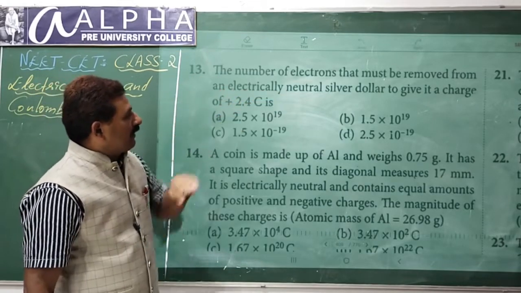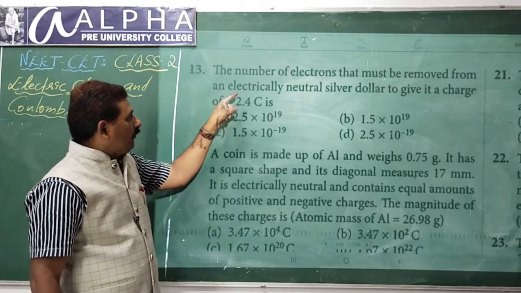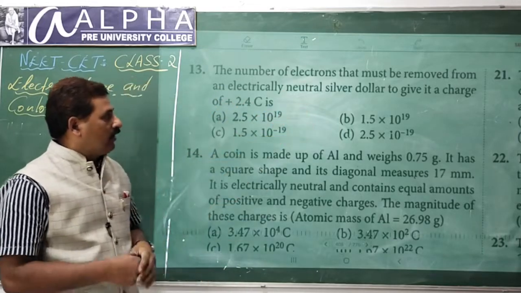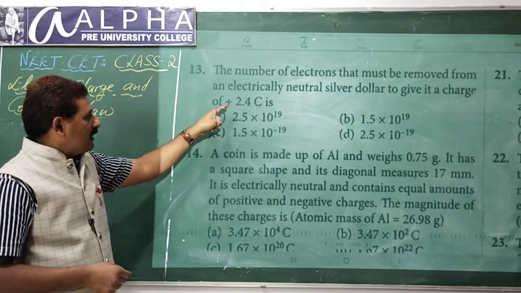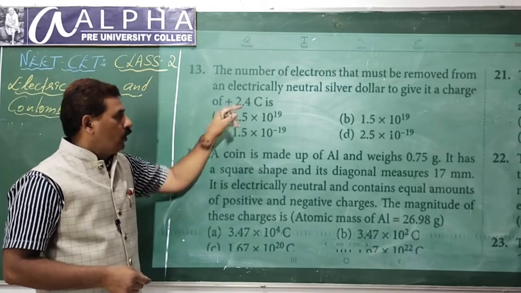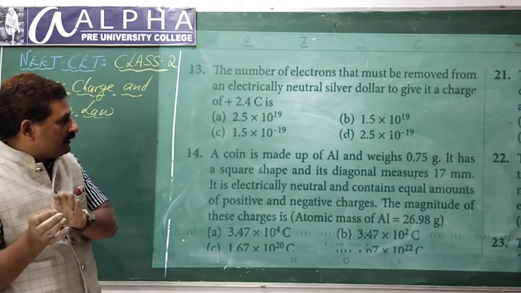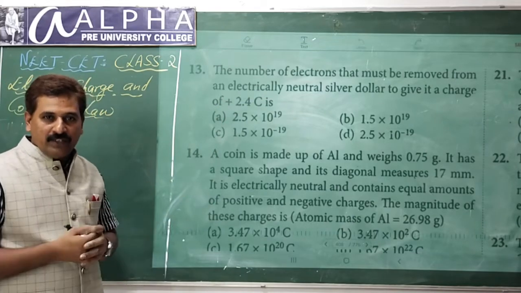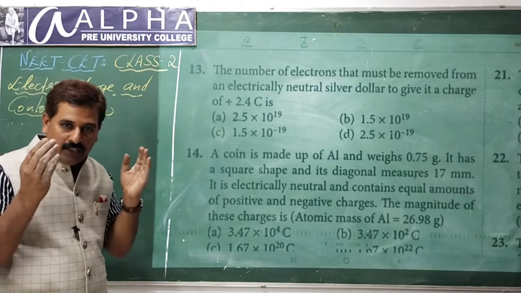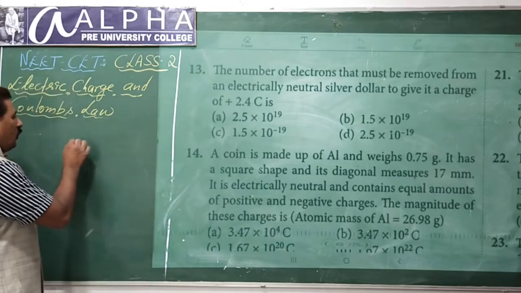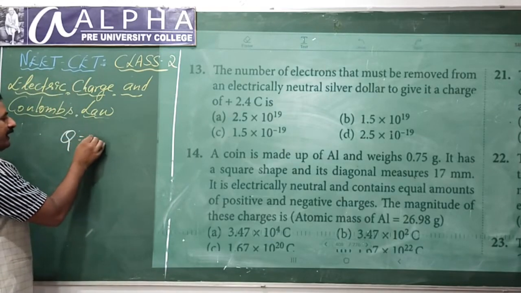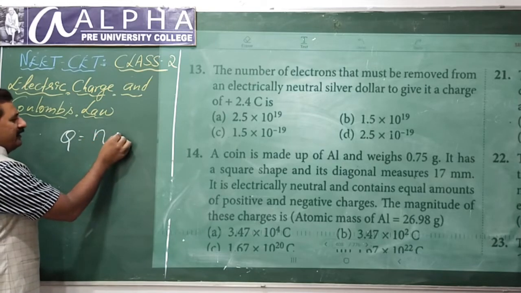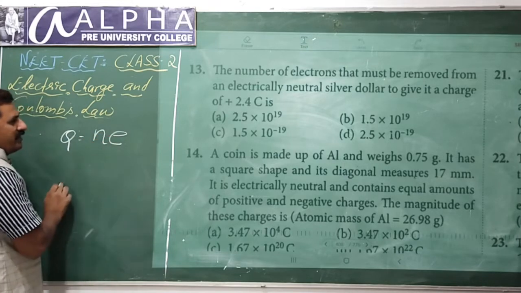The number of electrons that must be removed from an electrically neutral silver dollar to give it a charge of plus 2.4 coulomb. When you remove electrons, the body gets positive charge. That's why plus. Same story. The quantization rule. What is that? Total charge in a body is equal to number of electrons into charge of each electron.